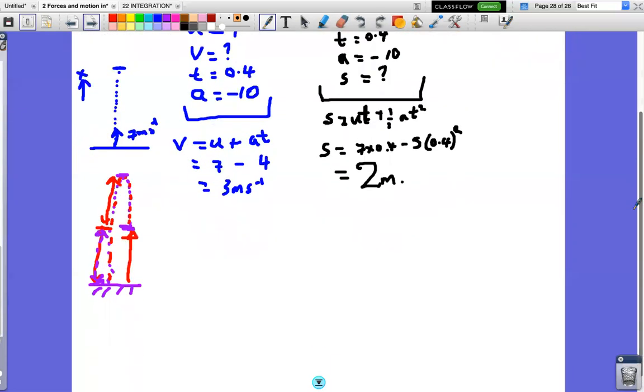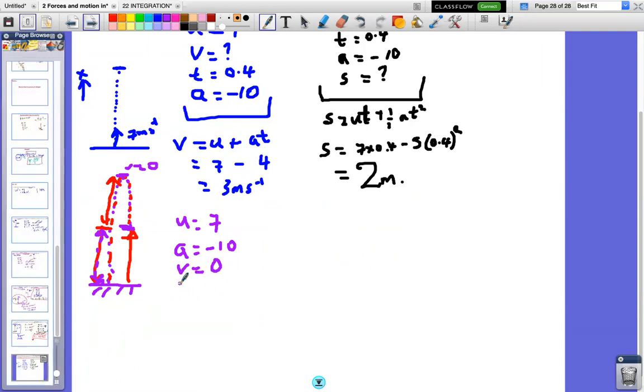So the first thing you have to do is find the time it takes to reach the maximum height. So U is 7, A is minus 10, and then V is 0. At the maximum height, the speed, or the velocity, is 0, so that it can then come back down.